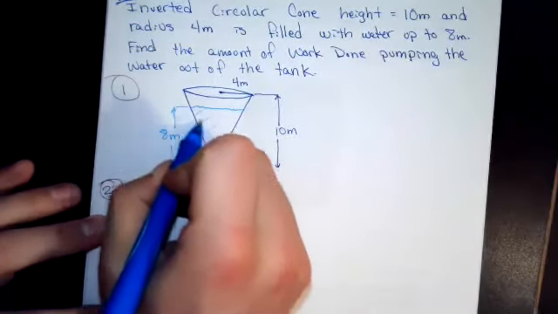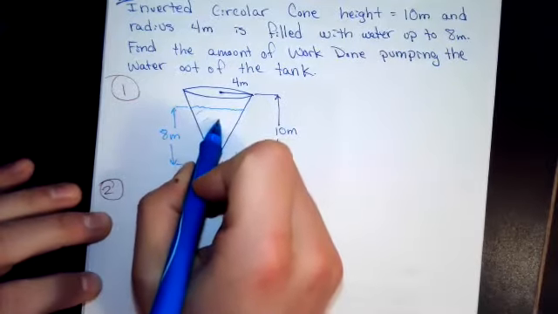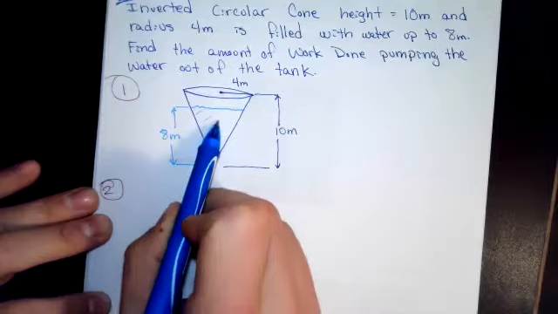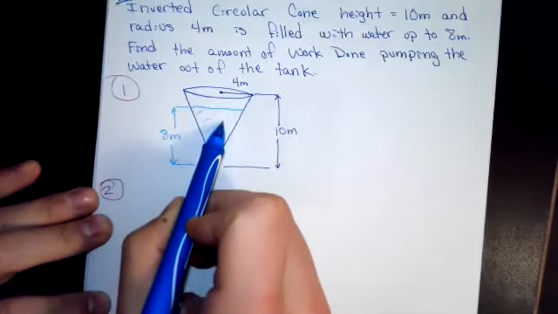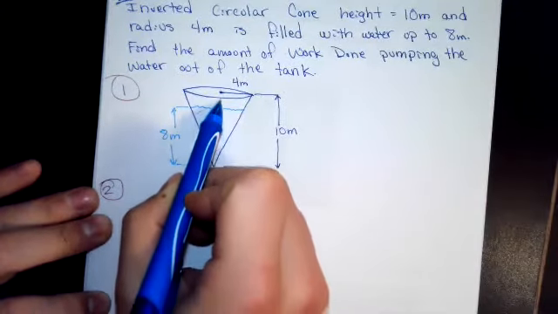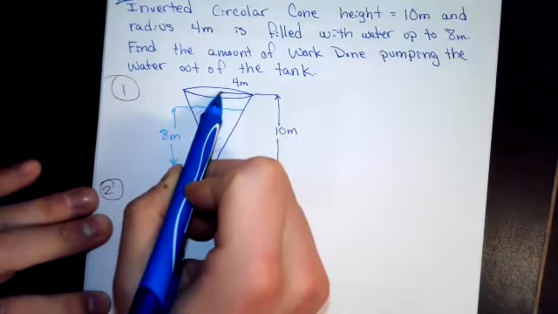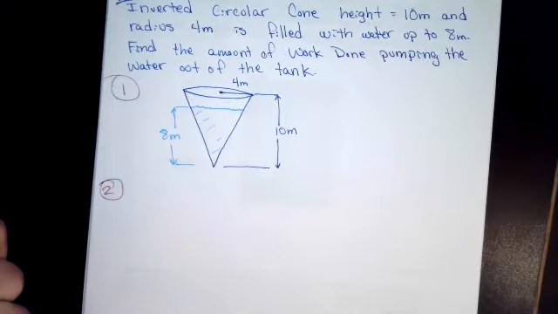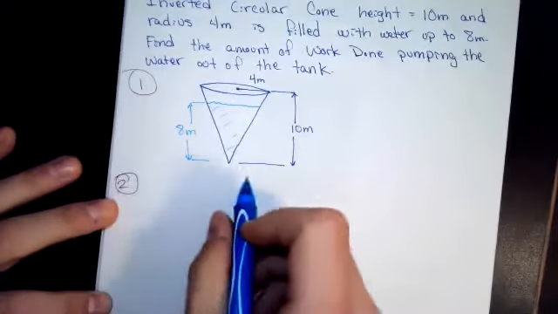Each sort of drop of water, so to speak, has a certain amount of mass, and it's being affected by gravity. So gravity is pulling down on it. And so when I have to pull it out, I have to put some force into it to lift against gravity, and the distance I have to go vertically is going to contribute to the amount of work I have to do.